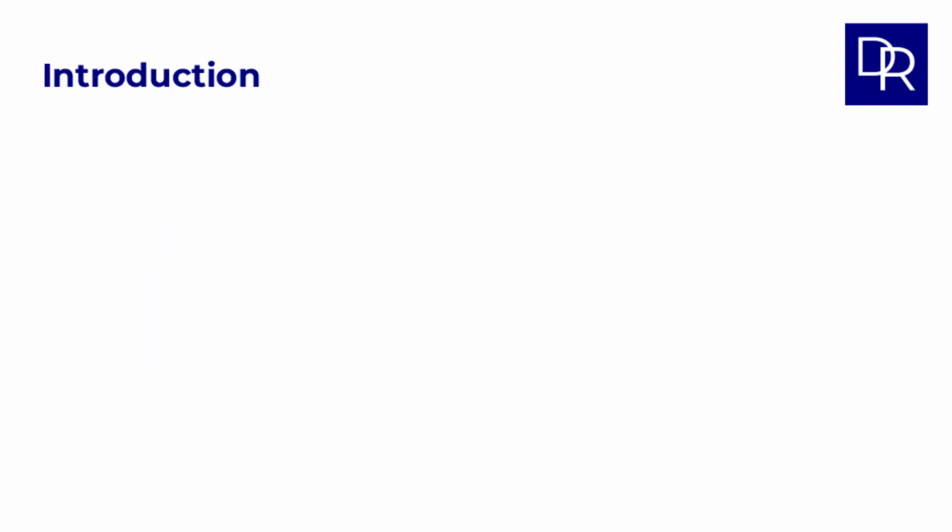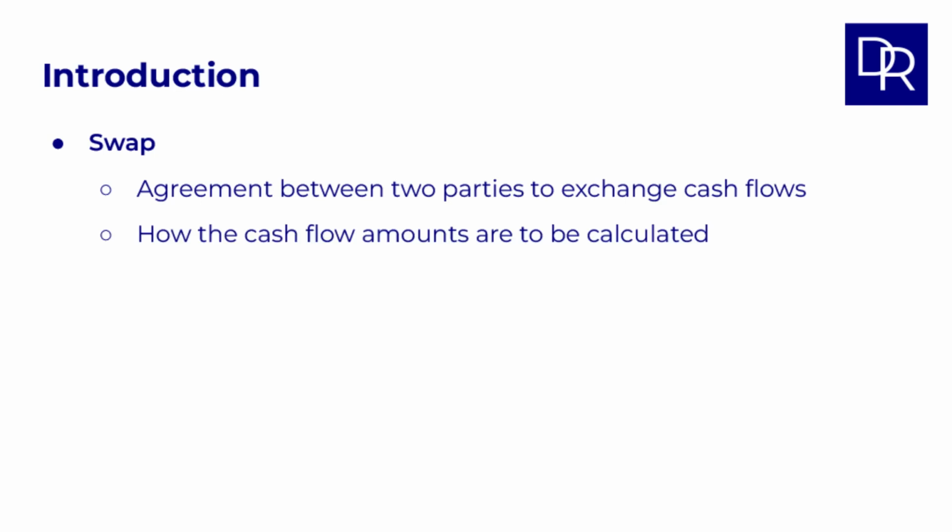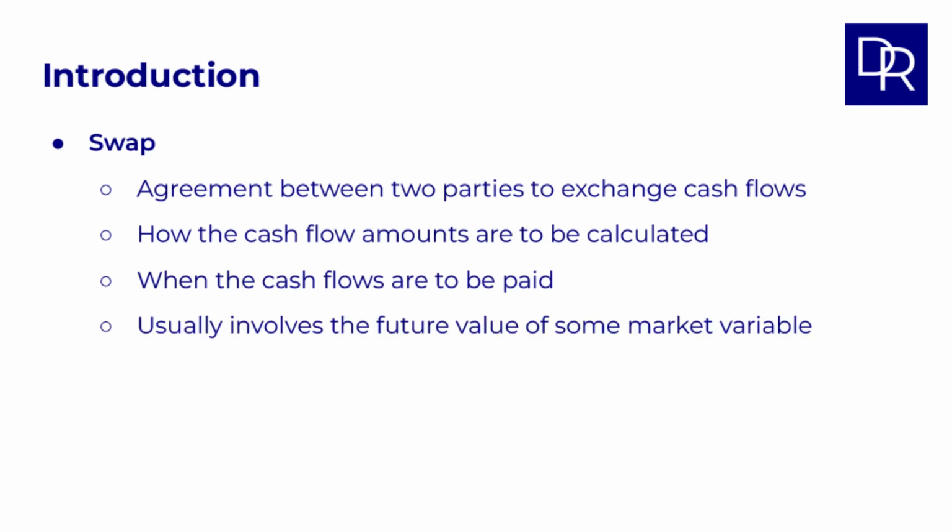As we saw in a previous video, a swap is an agreement between two parties to exchange cash flows in the future. The agreement defines how the cash flow amounts are to be calculated and when the cash flows are to be paid. Usually, the calculation of the cash flows of the swap involves the future value of some market variable, such as an interest rate, an exchange rate, share price, or commodity price.